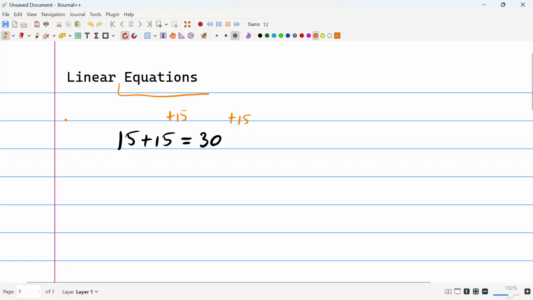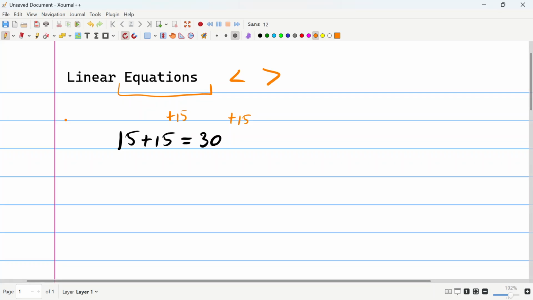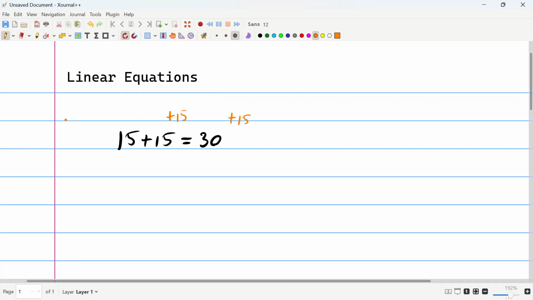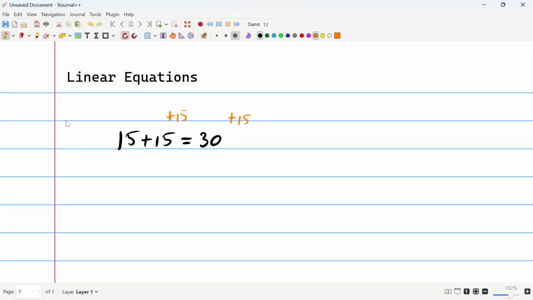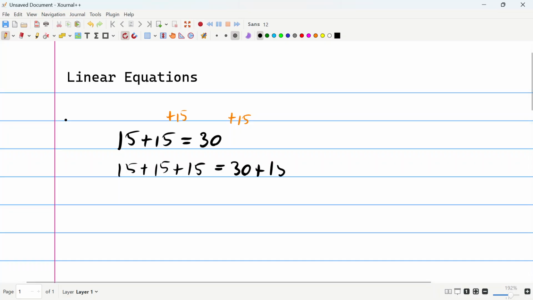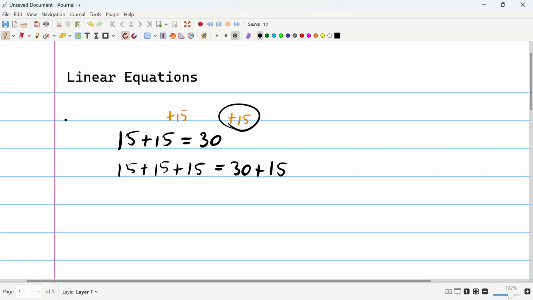Remember, these are equations and not inequalities. Otherwise, we would have to deal with those signs, and that's inequalities. Both sides have to be the same. Therefore, this will be 15 plus 15 plus 15, which is equal to 30 plus 15, because we added the 15 on the other side.